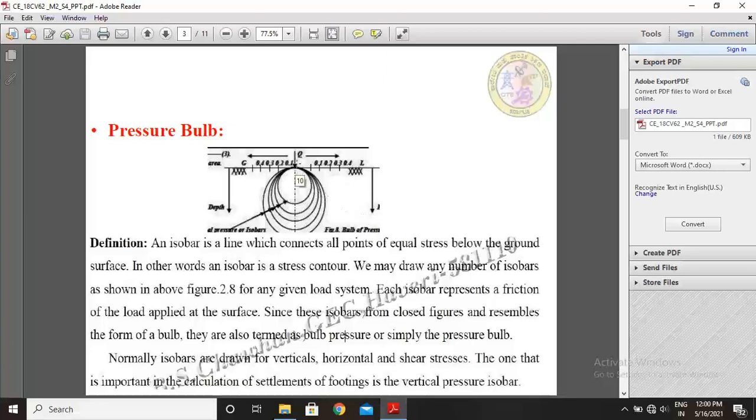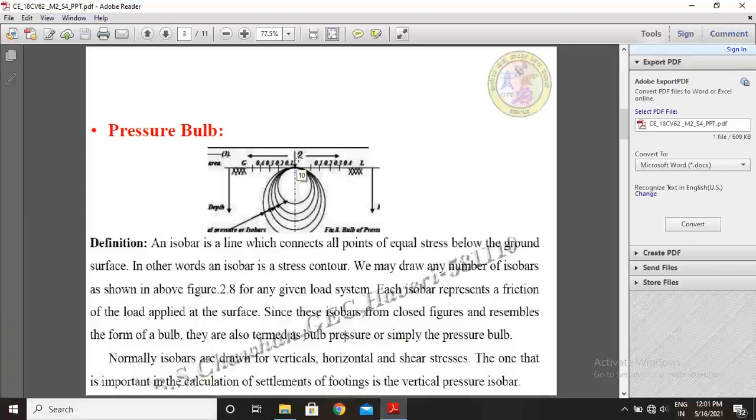The load Q acts along the centroidal axis of the foundation, and these arrow marks on the left and right sides are located in terms of distance in meters from the centroidal point: 0.1 meter, 0.2 meter, 0.3 meter, 0.4 meter and so on, up to the end of the footing.